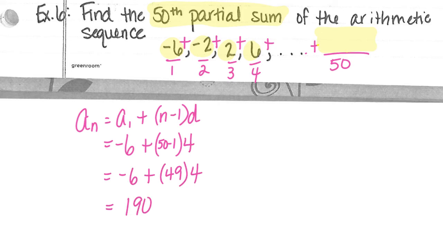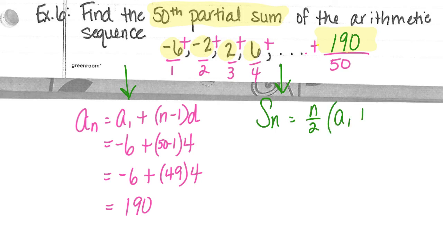All right, so now that I have 190 as my 50th term, I'm going to use the sum of the numbers formula. So I'm combining my two examples that we've used, the arithmetic sequence formula and the sum of the numbers formula. So my formula is n over 2 times the first and the last.